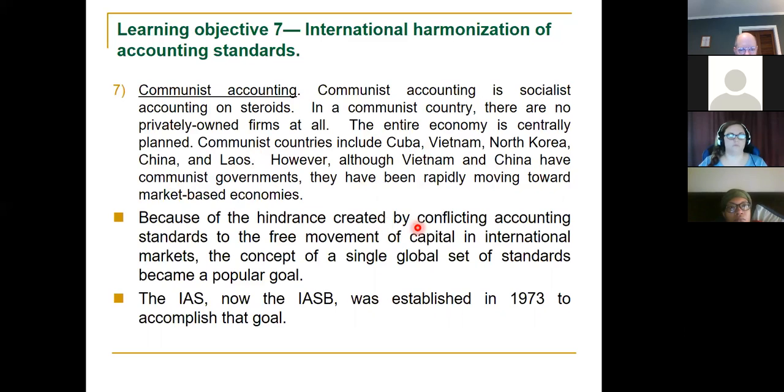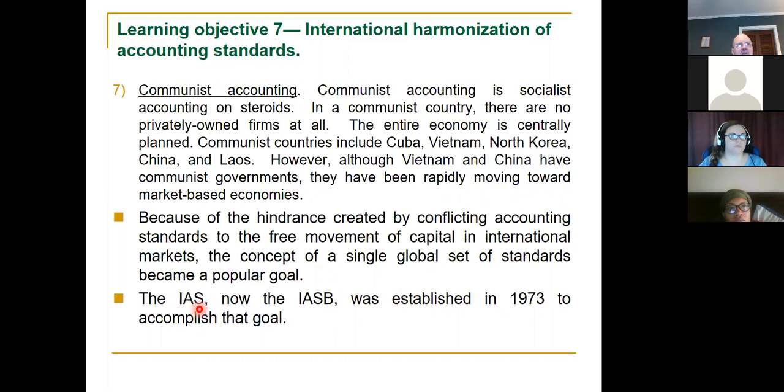Because of the hindrance created by conflicting accounting standards to the free movement of capital in international markets, the concept of a single global set of standards became a popular goal.